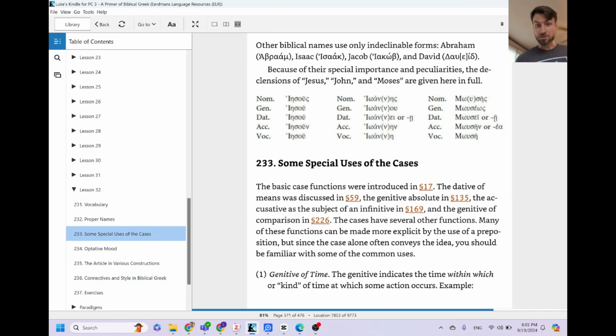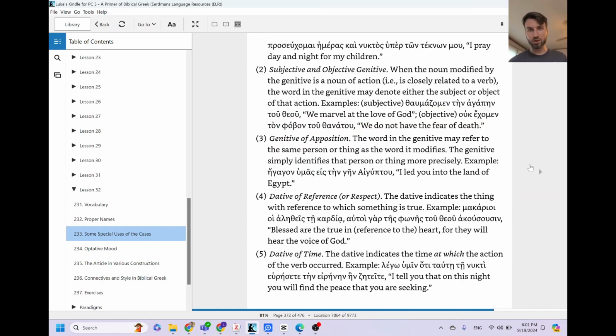Then it talks about some special uses of cases. I would not worry too much about these. They are important, but in terms of just reading the Greek, they're really not going to help you all that much. These become more important when you have to interpret the Greek. Like the subjective versus objective genitive becomes really important when you're talking about the righteousness of God and the faith of Jesus.